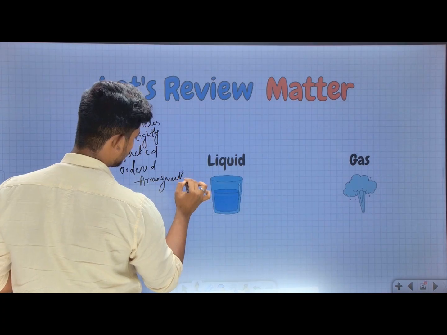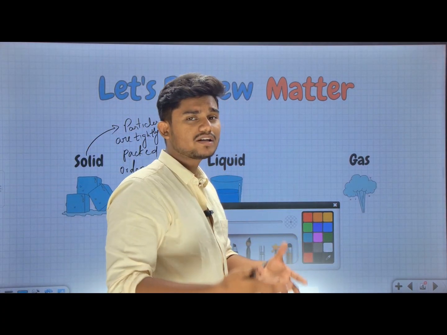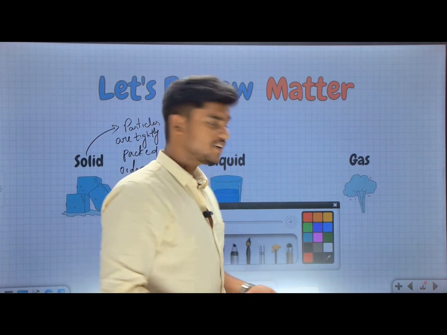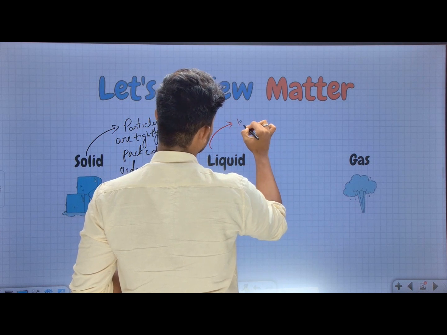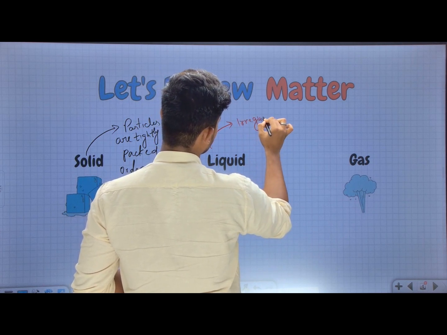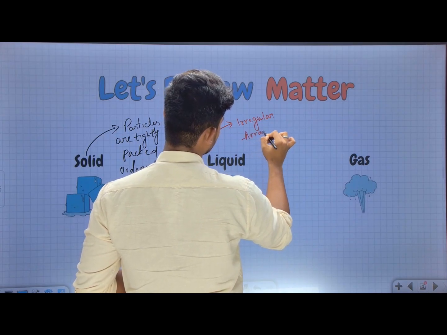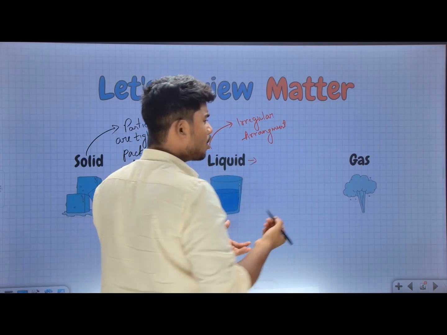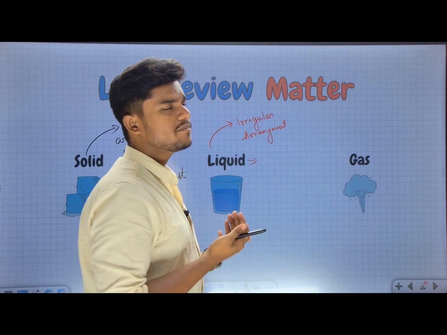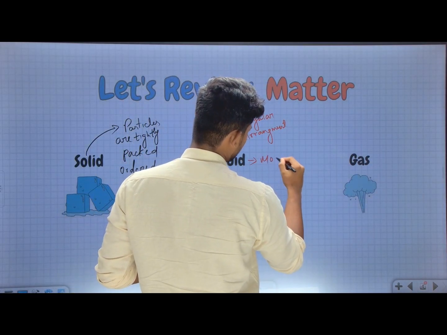But coming to liquids, they are not that tightly packed, but they have moderate intermolecular forces of attraction, and they have irregular arrangement. And these liquids are moderately packed, or they have a little bit of space to move freely among themselves. So liquids are moderately packed.